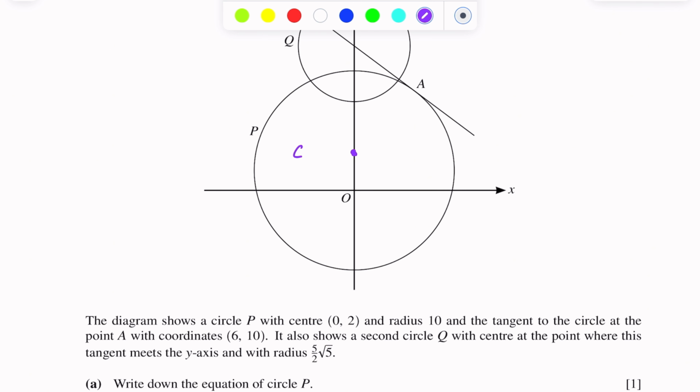We represent this point by C1. 0, 2 are the coordinates of this center of the circle, and this is the radius. This is the radius of the circle P, that is 10 units, 10 cm.